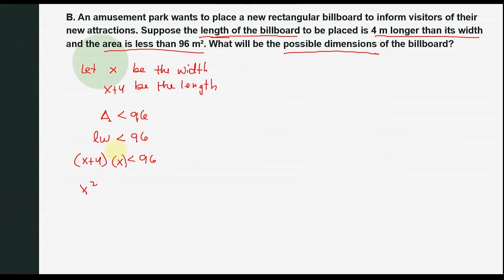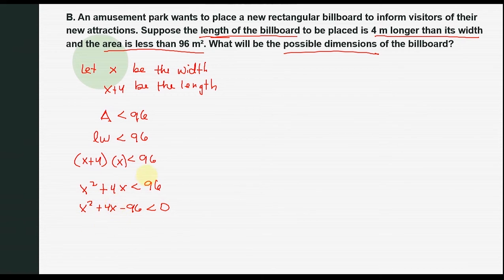Second term, 4 times x will give me 4x. It's less than 96. Now, let's transform this into standard form. X squared plus 4x minus 96 is less than 0. All right, so now we have obtained our inequality.